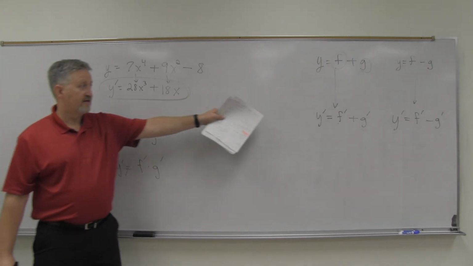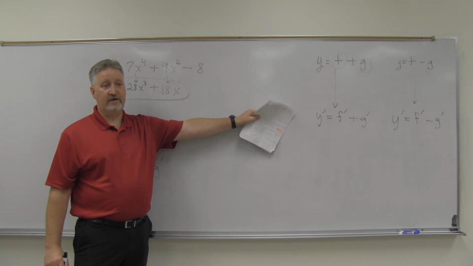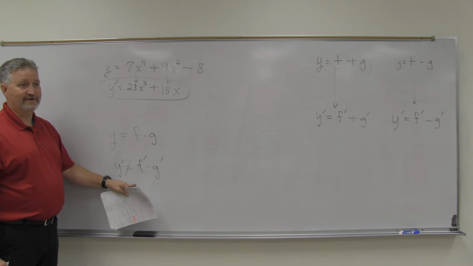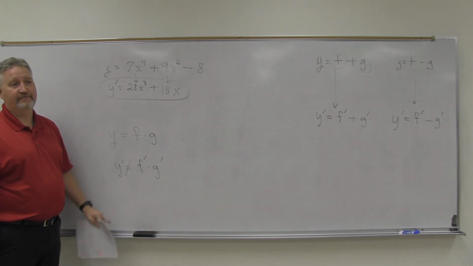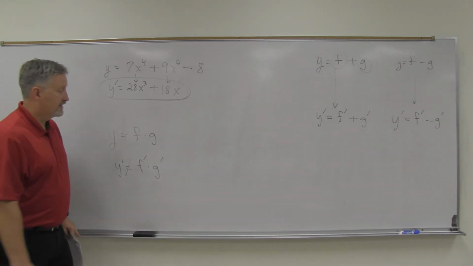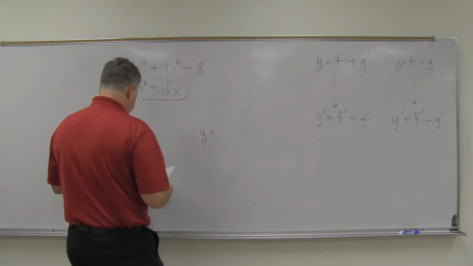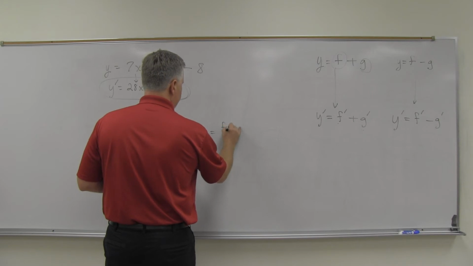So these are really nice. It doesn't always work. If you have multiplication, that little thing doesn't work. You can't do the derivative of this times the derivative of that. And I'll show you more about that later on. And then y equals f divided by g.